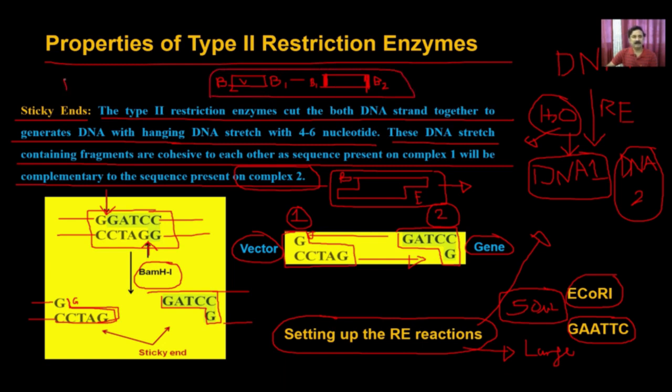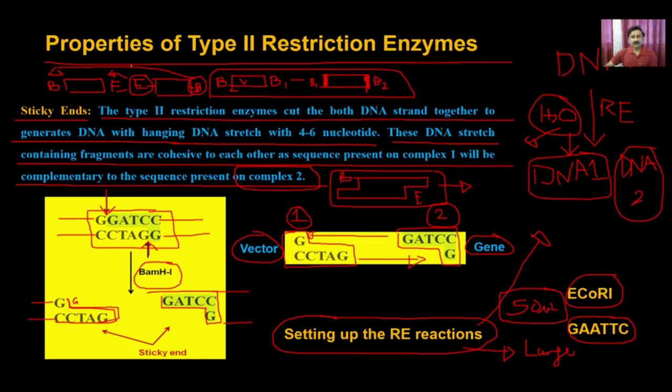Whereas if I have a vector which has BamH1 on one side and EcoR1 on the other side, then EcoR1 will go with EcoR1 and BamH1 will go with BamH1, which means this end is going to stick to this side, and this end is going to stick to this side. If you want to make the cloning directional, you have to use two restriction enzymes to cut the vector as well as the gene of your interest.